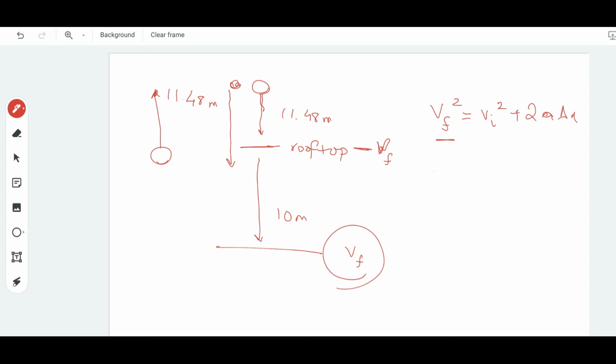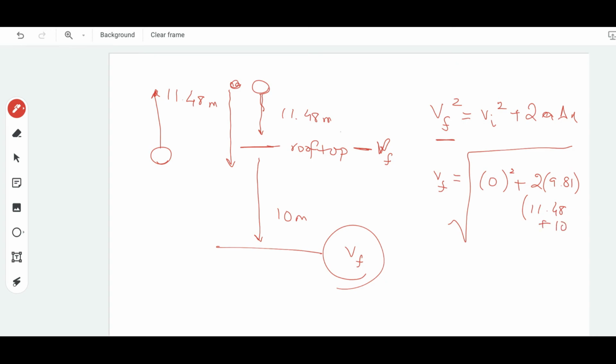So using the same equation to find out what the velocity is going to be before impact at the ground level for part B, we have Vf is equal to the square root of Vi, which is 0 meters per second, squared, plus 2 times 9.81 meters per second squared times delta x, which in this case is going to be 11.48 plus 10.